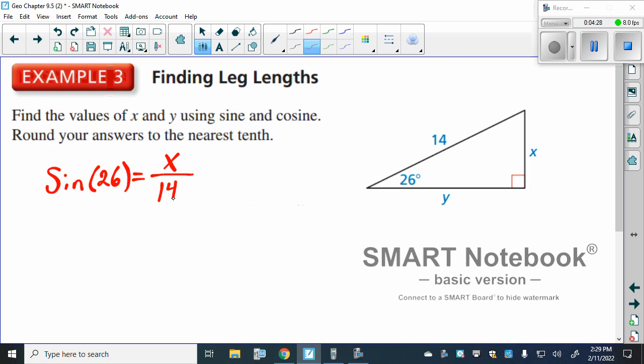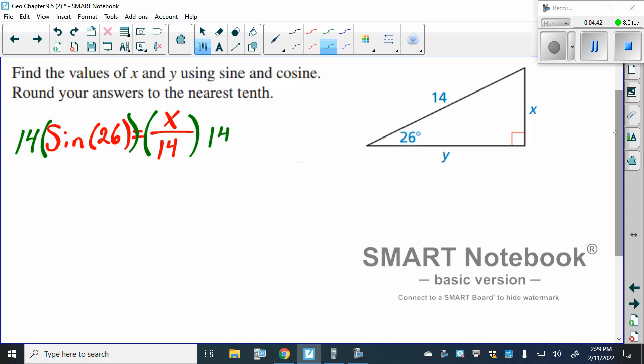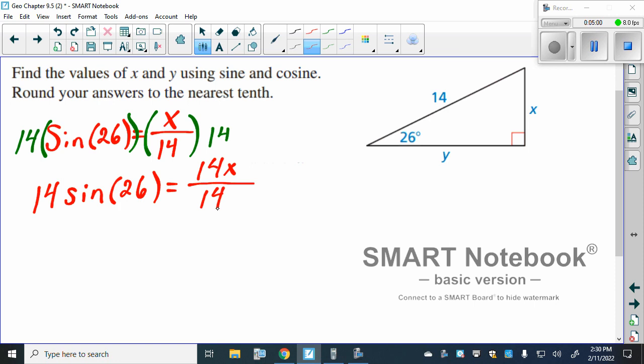For any of these, the first thing we'll want to do is multiply both sides by the bottom of the fraction, which in this case is 14. When we multiply both sides by 14, the left-hand side gives us 14 sine of 26, is equal to, on the right-hand side, 14x over 14.